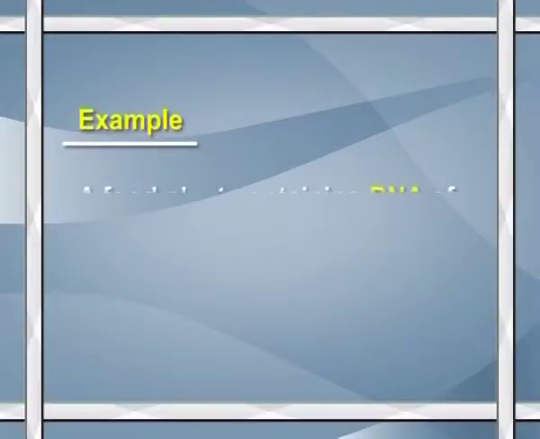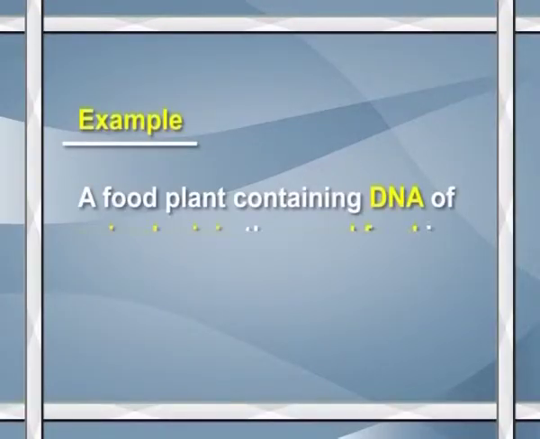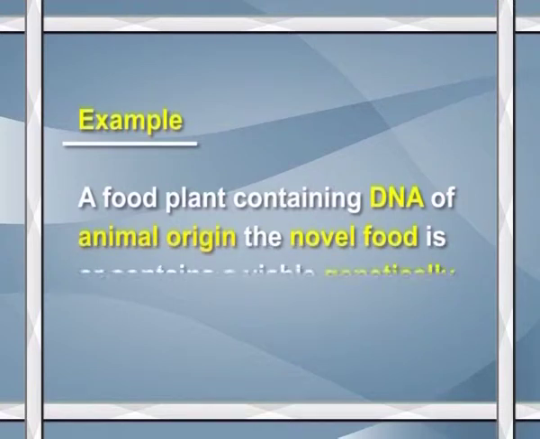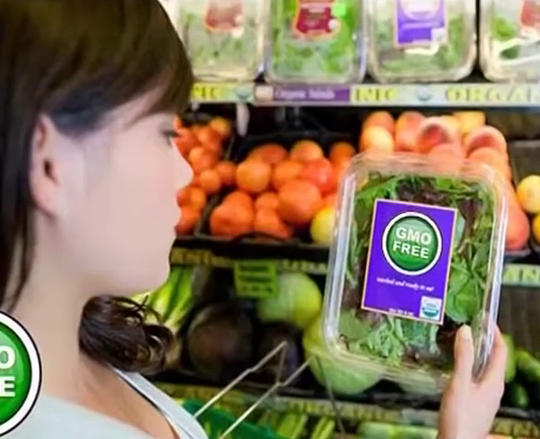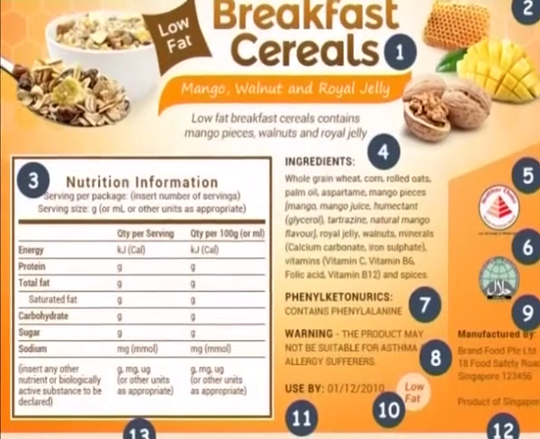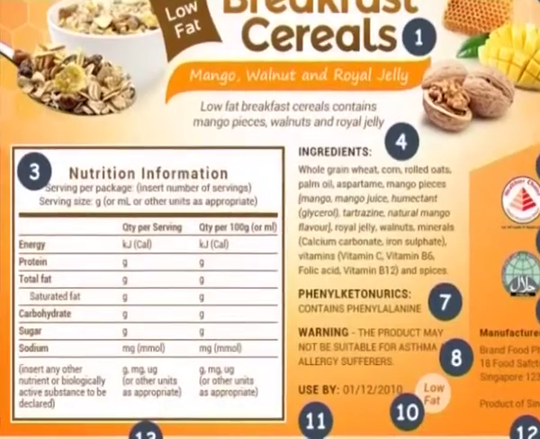The GM food creates ethical considerations. For example, a food plant containing DNA of animal origin, the novel food is or contains a viable genetically modified organism. If the GM food is not substantially equivalent to an existing food, the labeling must indicate the properties of the food that have been altered and the method by which the new characteristic was obtained.